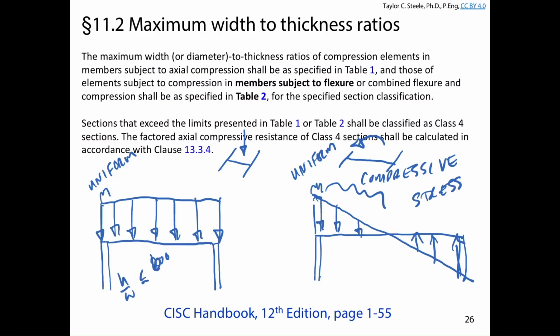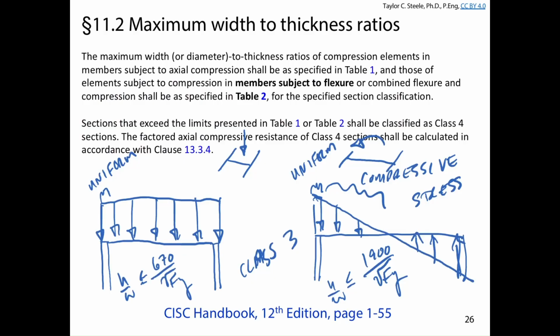Okay, so in this section, h over w has to be less than or equal to 670 over the square root of Fy, whereas over here, h over w has to be less than or equal to 1900 over the square root of Fy. And in both cases, this would basically make the section class 3. Okay. For the flange, it's the same.